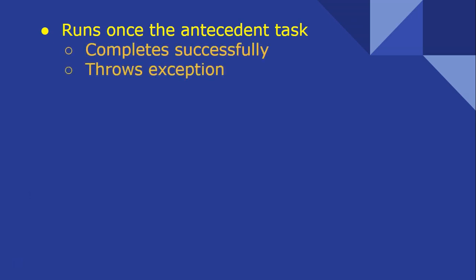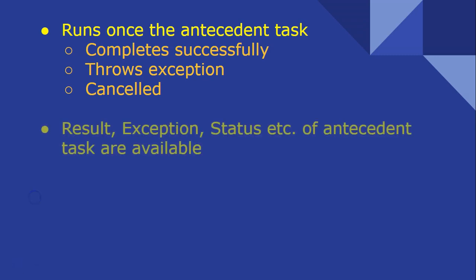C# Task.ContinueWith method runs once the antecedent task completes successfully, throws an exception, or is cancelled. So say you have a task and that task has been completed, or it throws some exceptions, or it got cancelled. After that, this ContinueWith task runs.